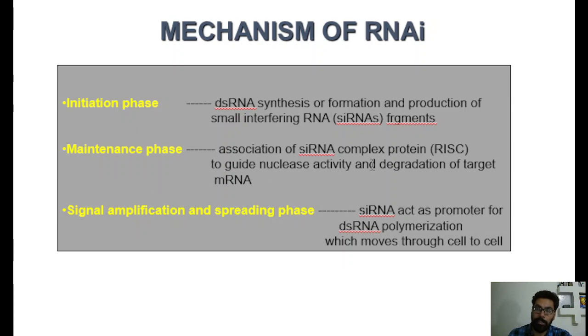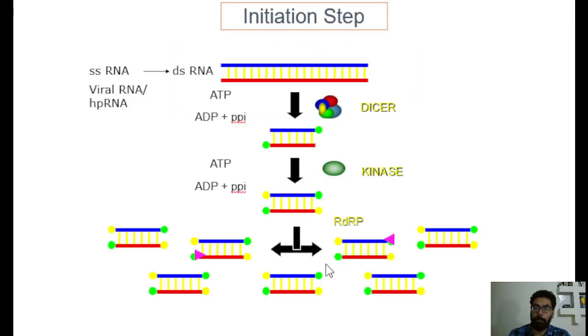In the maintenance phase, these small interfering RNAs will be associated with the RISC complex, where it guides the nuclease activity and degradation of target mRNA. So whatever siRNAs are produced, they will associate with the RISC complex and inhibit the expression of mRNA. Then the important phase is signal amplification, where the siRNA acts as a primer for generating more double-stranded RNA, which will generate more siRNA. Therefore, signal amplification will happen.